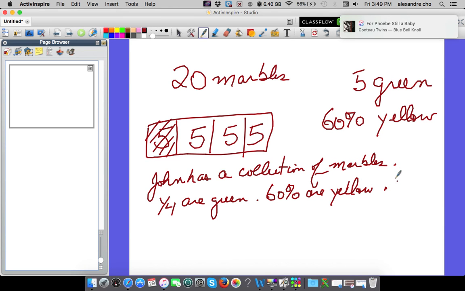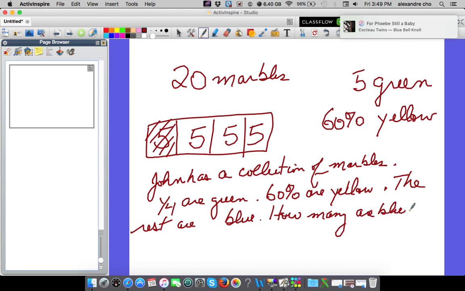And what it should have said is the rest are blue. And how many are blue? So this is the actual question. How many are blue? Okay. So 5 are green, 60% are yellow, and the rest are blue.